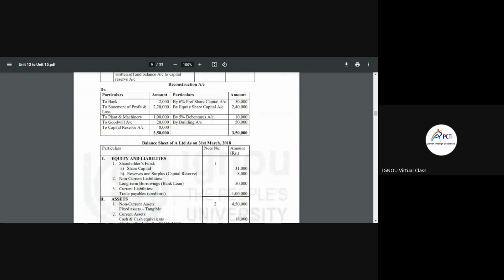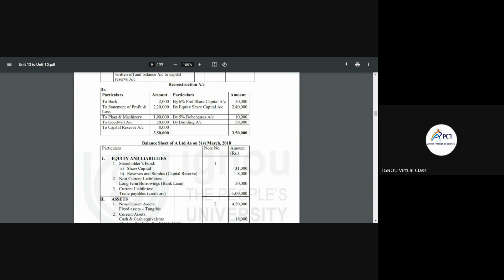Here we have the reconstruction account which we need to prepare. There is a debit side on the left side and there is a credit side on the right side. So on the debit side we will take to bank 2,000, to statement of profit and loss account 2,20,000, then to plant and machinery 1 lakh, then to building account 20,000, to capital reserve account 8,000.